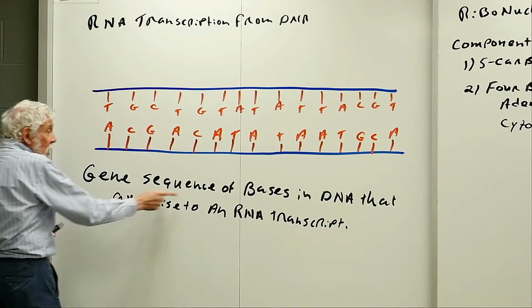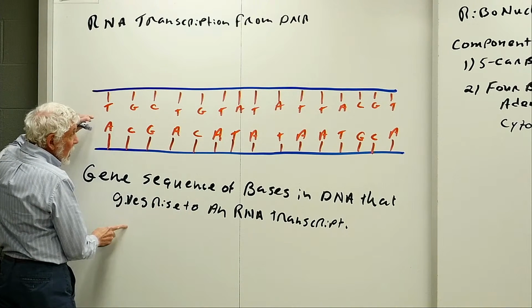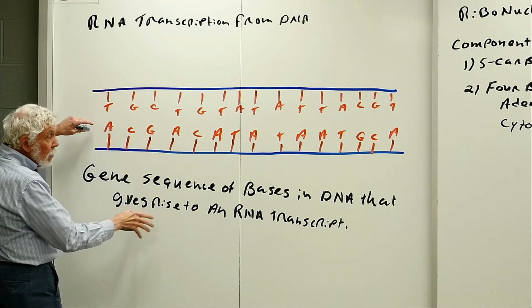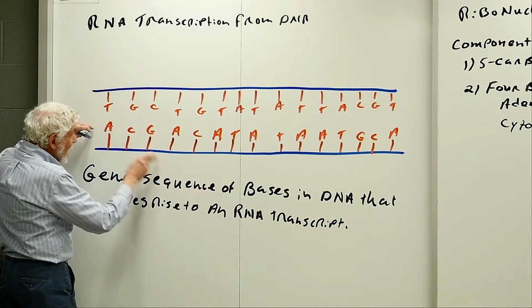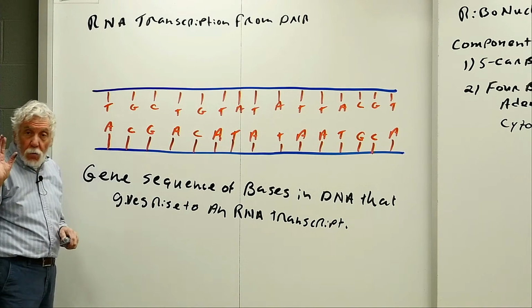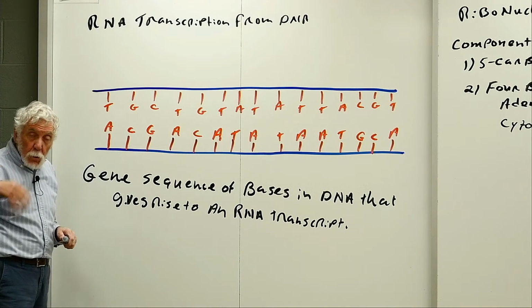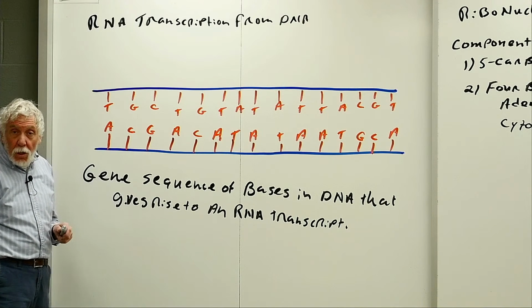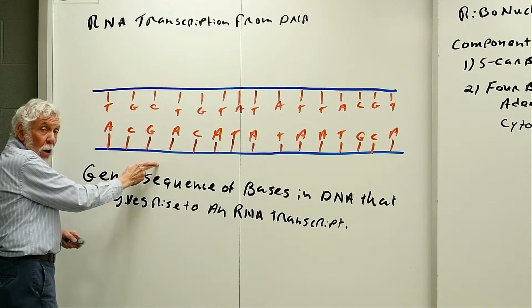Well, if a gene sequence is bases in the DNA, that means we're going to have several subsets of these bases within the chromosome that are going to produce an RNA transcript, which can, in some cases, produce a protein. How do we know where to start?